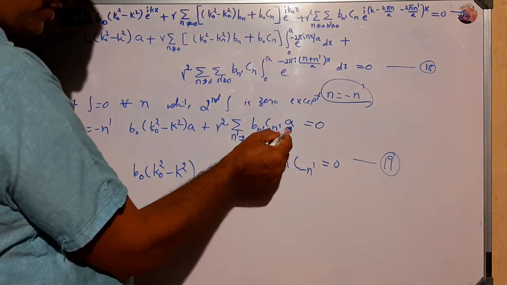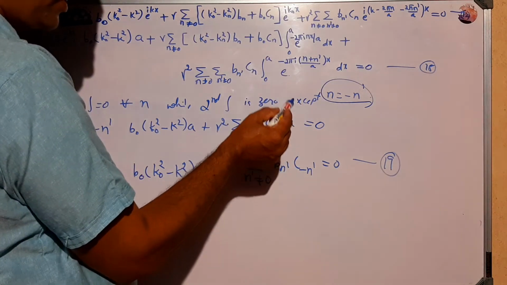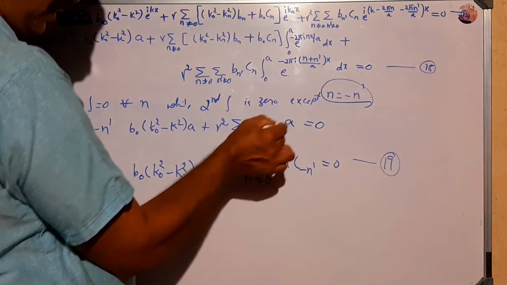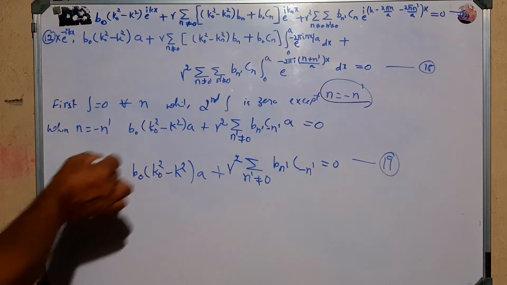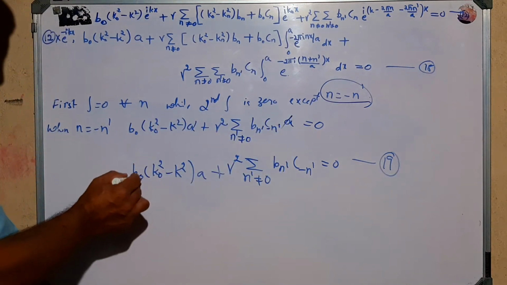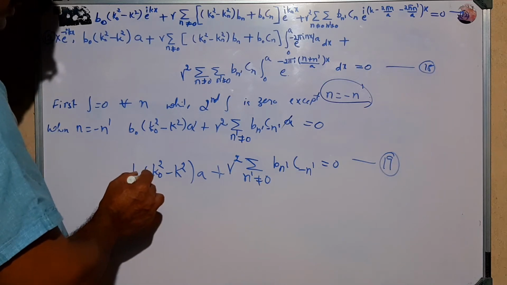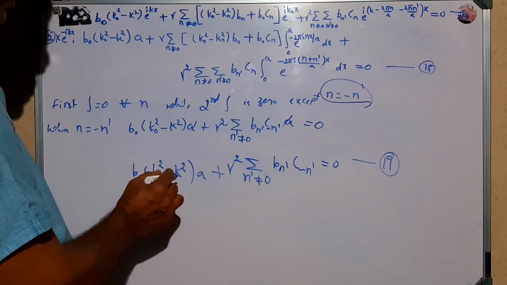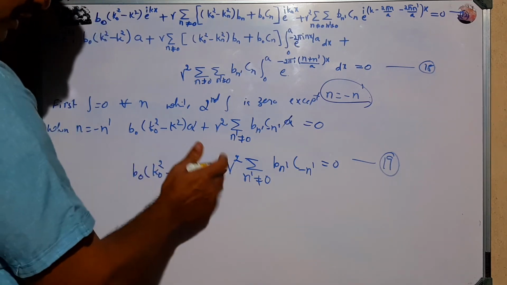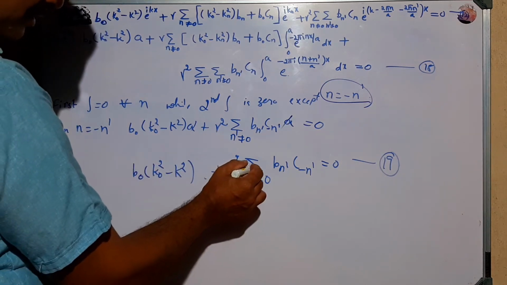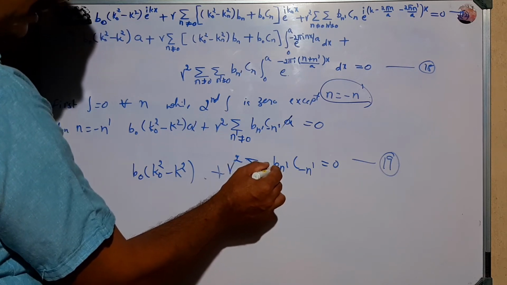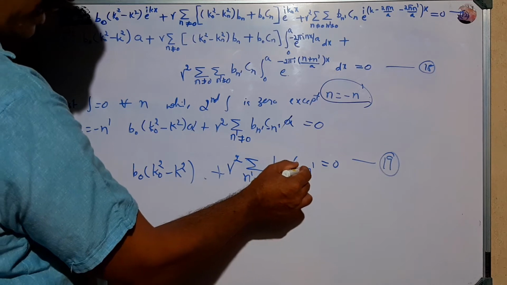So therefore, only for n equal to minus n dash, the second integral is retained. Therefore, its integration value, dx, that is x, upper limit is a, lower limit is 0. So this is the term you are getting. Now a is a common term, gets cancelled. So the remaining term is b naught into k naught square minus k square is equal to gamma square sigma, n dash not equal to 0, bn dash c minus n dash.